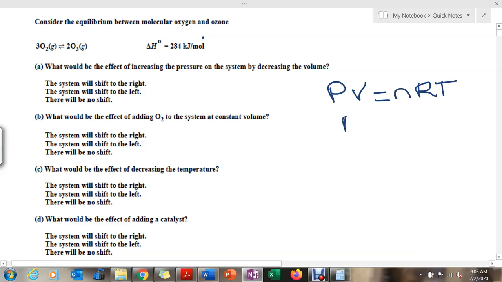So if you increase the pressure, and of course decrease the volume, it will move in the direction where there is the least amount of moles.